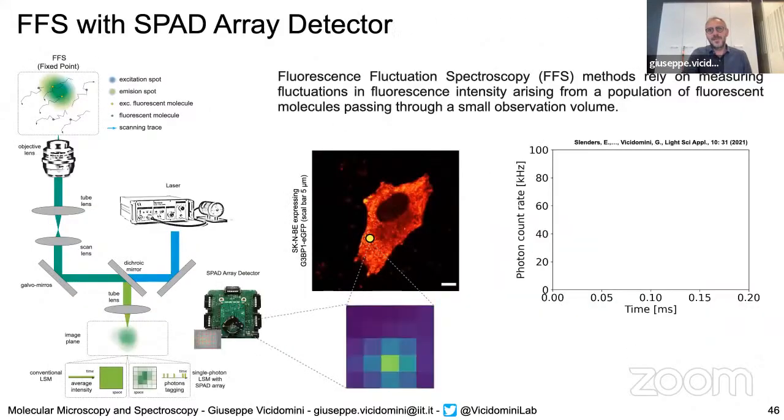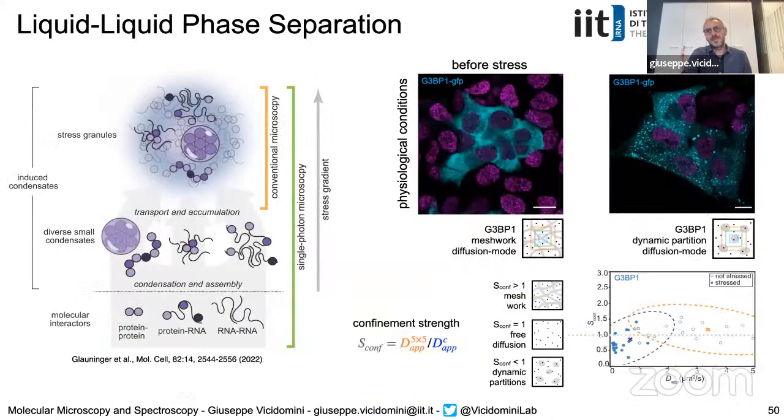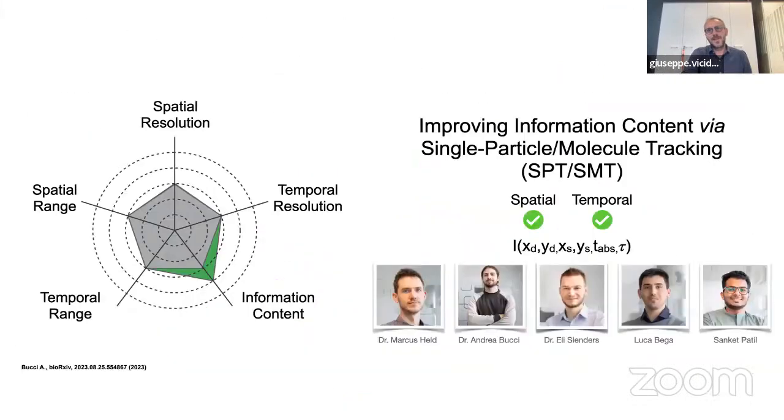Just to show you another nice application, we use this SPAD array detector in the context of studying dynamics, similar to fluorescence fluctuation spectroscopy, but at the single molecule or single particle level. Fluorescence fluctuation spectroscopy is super nice to study dynamics, but it is an ensemble technique.